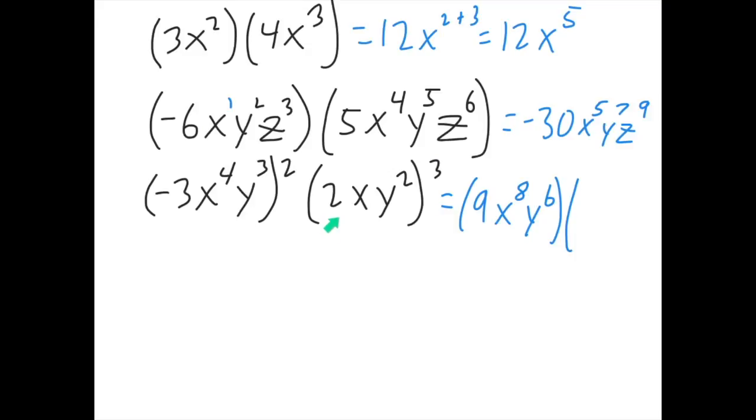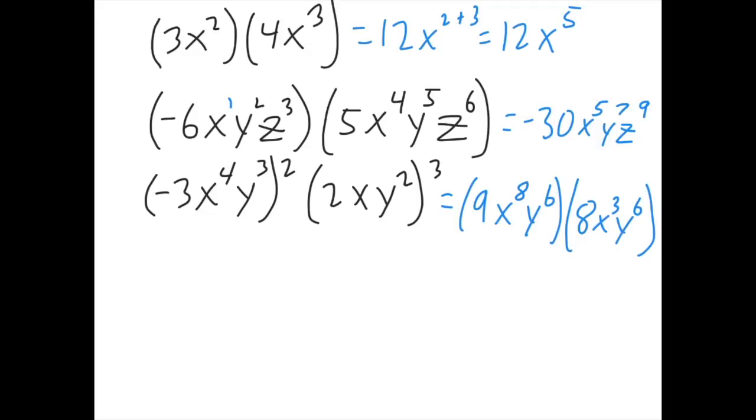So 2 cubed, that's 2 times 2 times 2, which is 8. Then x cubed, so it's just x cubed. And then y squared cubed, so again, multiply the exponents. 2 times 3 is 6. So y to the 6th.